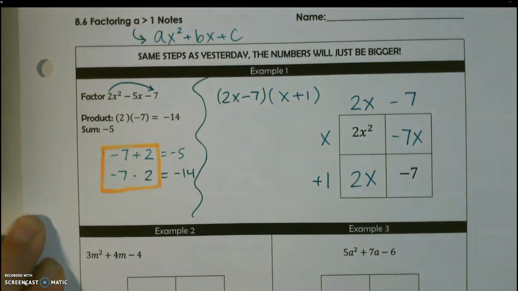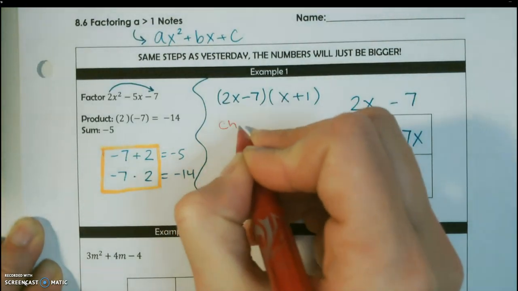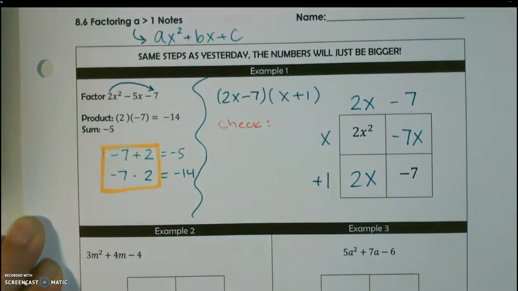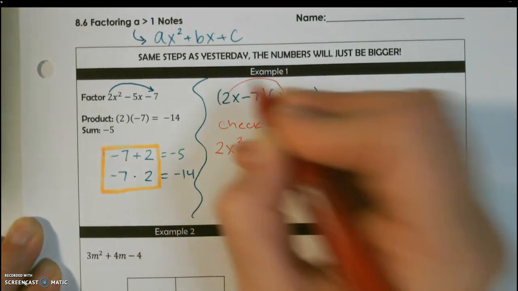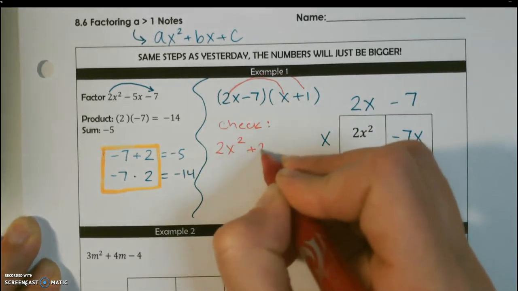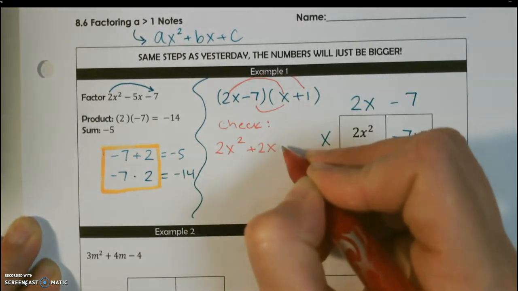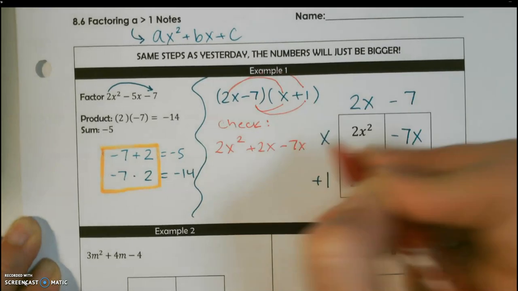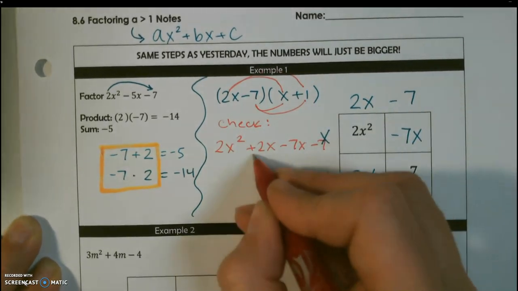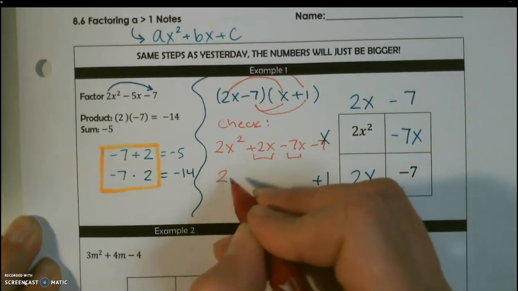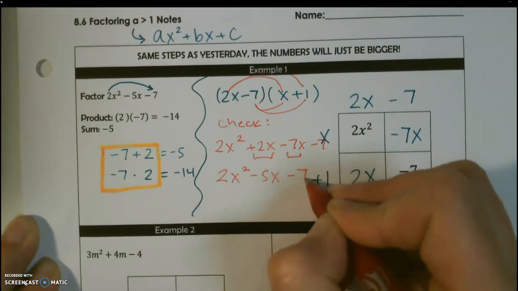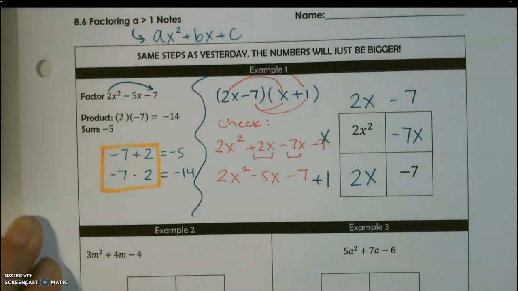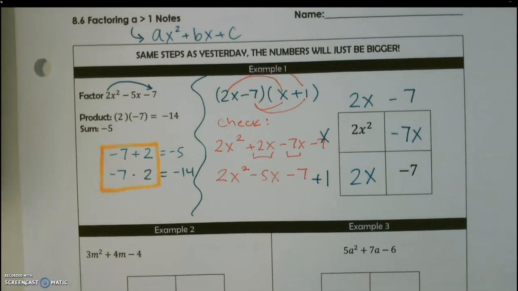If you wanted to check your answer, we would just redistribute. That would give you 2x squared plus 2x minus 7x minus 7. When you combine the like terms, we get 2x squared minus 5x minus 7, which is the original trinomial we started with. All right, let's try this process again.